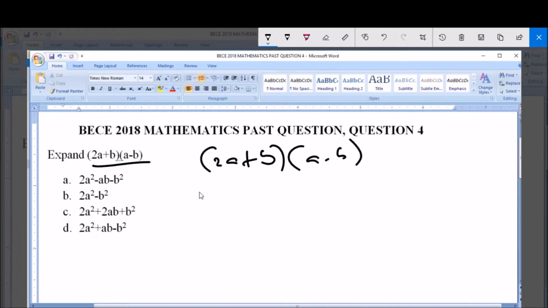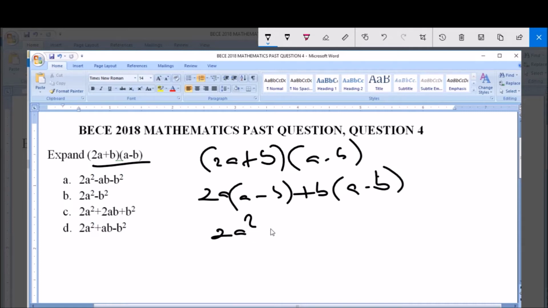By expanding this, we have 2a into (a - b), then plus b into (a - b). Now let's continue. 2a multiplied by a gives us 2a², minus 2a times b gives us minus 2ab.